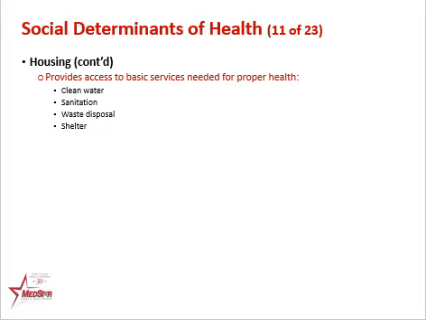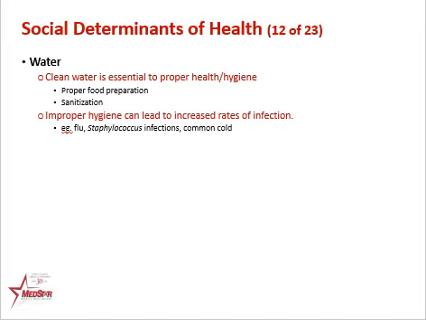If you didn't have access to clean water, you're more at risk of exposure to diseases and infection. Sanitation, having the ability to dispose of waste, and just having an overall ability to have shelter. Here in Texas, it's hot in the summertime, so we get a lot of heat exposure related injuries, and it's cold in the wintertime. Not having shelter, our calls dramatically increase during our weather extremes.